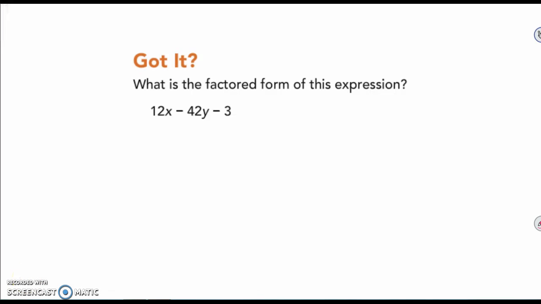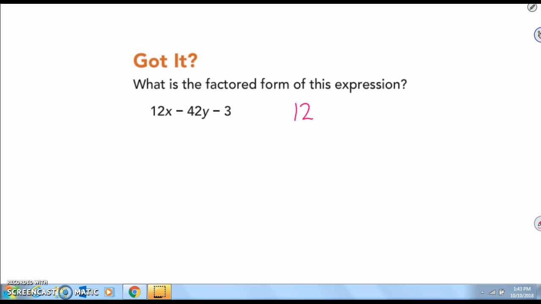Form of this expression. Our first step is to find the greatest common factors. So I need to find the greatest common factor of 12x, 42y, and 3. My factors of 12x would be 1, 2, 3, 4, 6, 12, and x.